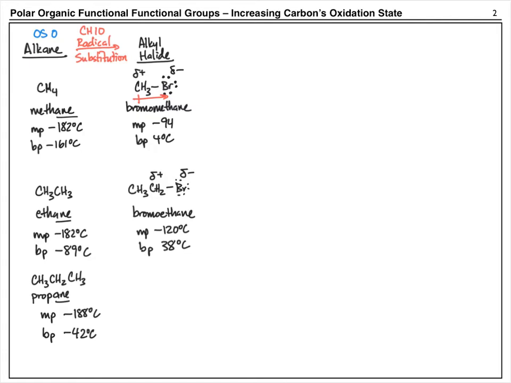So our first compound, CH3, CH2, CH2, Br. This compound, we have to call it now 1-bromopropane.